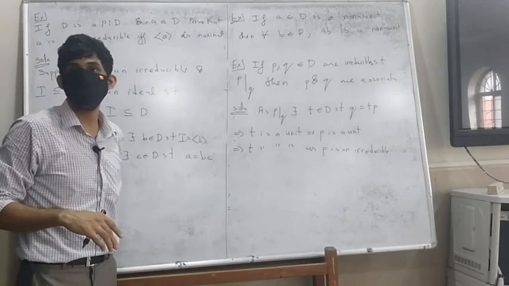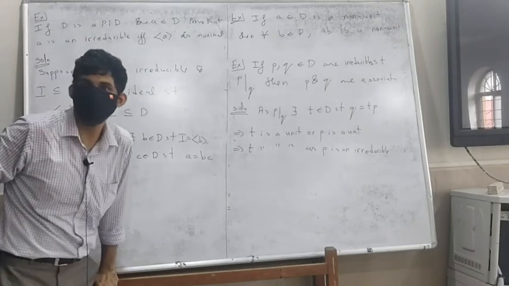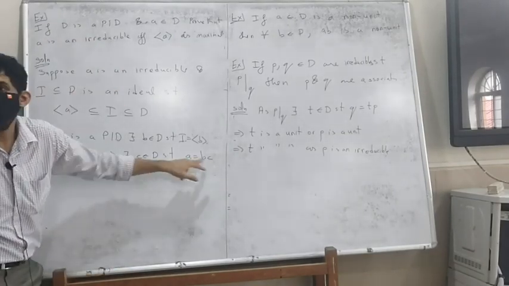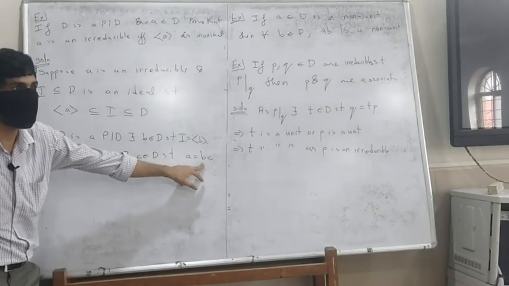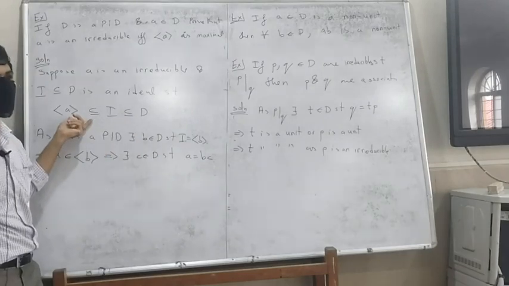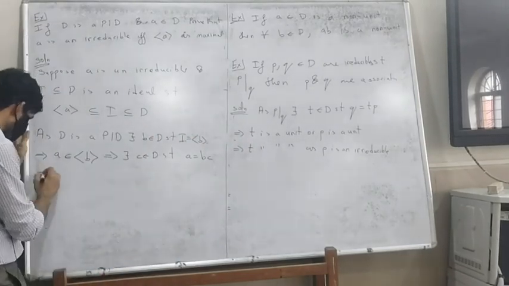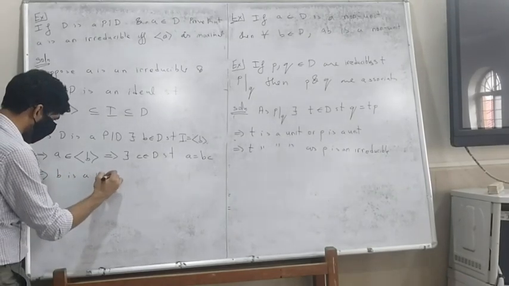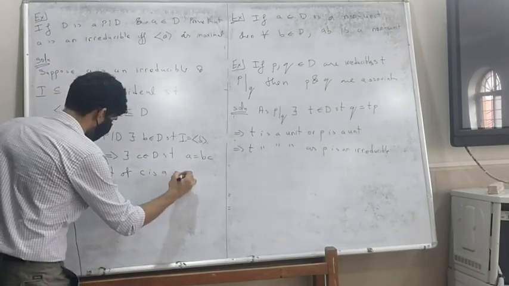What happens if C is a unit? A and B are associates. But if A and B are associates, what happens? The two ideals are equal. That's what we had proved, right? So this means that either B is a unit or C is a unit.